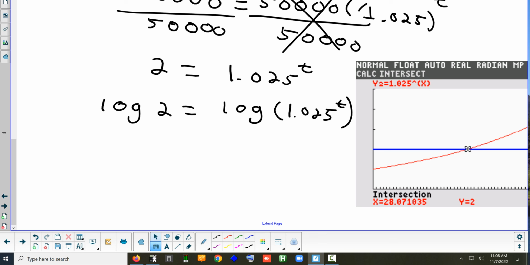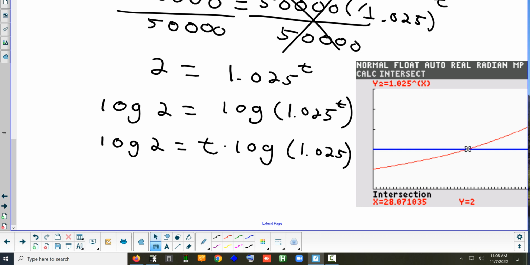Now, what can I do with the t? Move it to the front of its own log. So log 2 equals t log 1.025. That's multiplication.